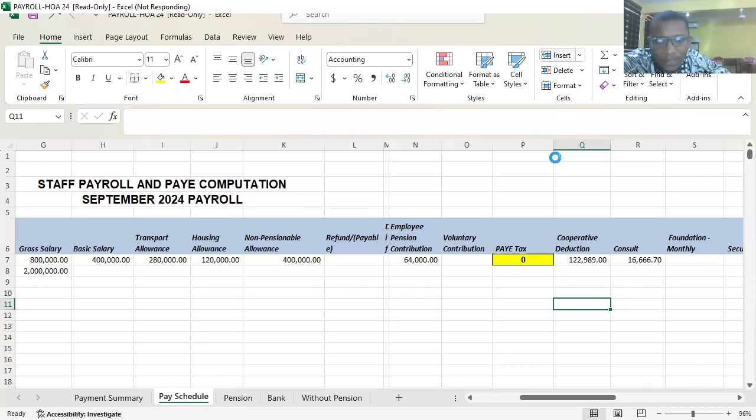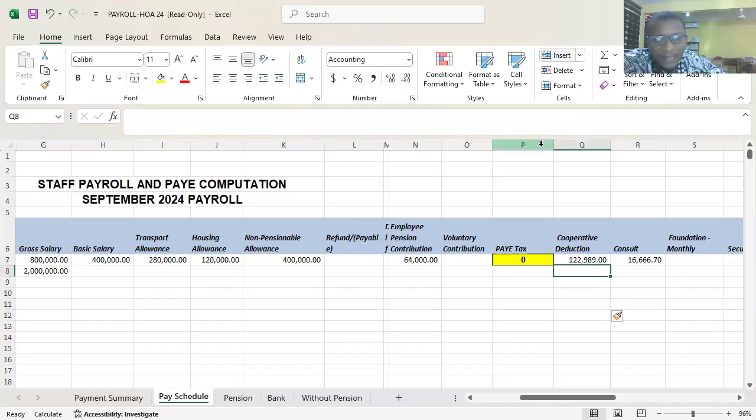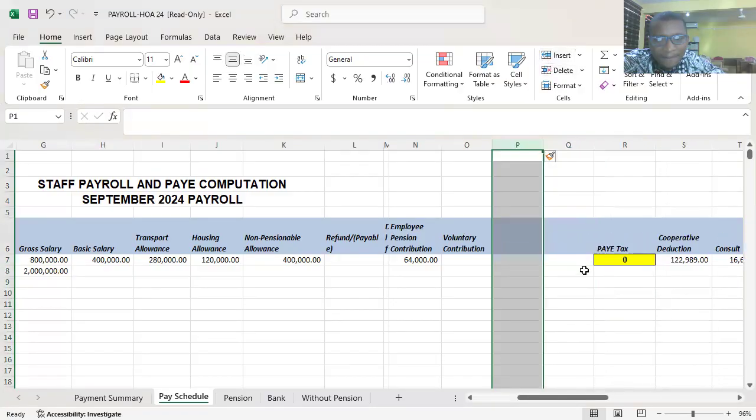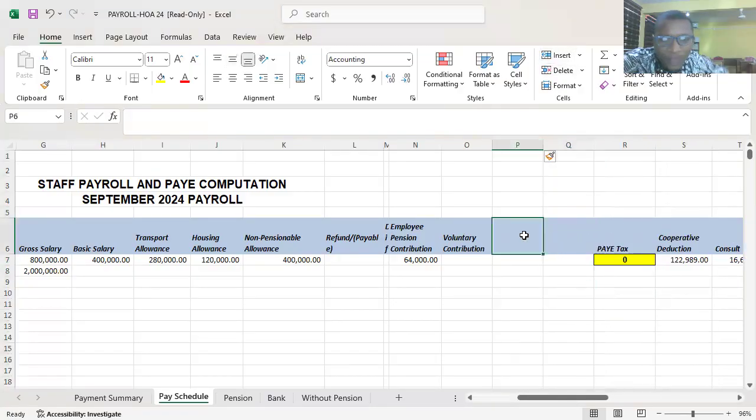We want to calculate our relief so that we can get our accurate tax. Then after tax, we will deduct all the necessary deductions. So let me create additional space. I believe that's not a problem. We all know what we are doing.